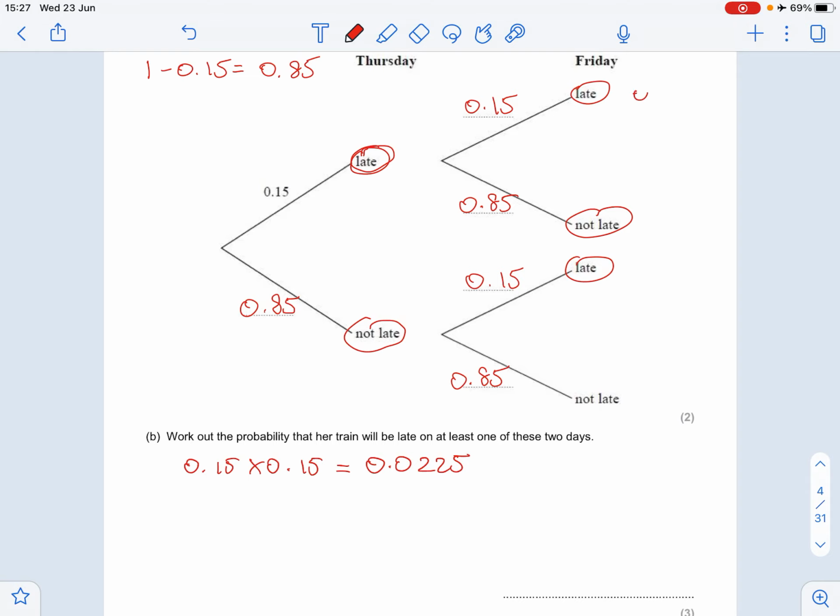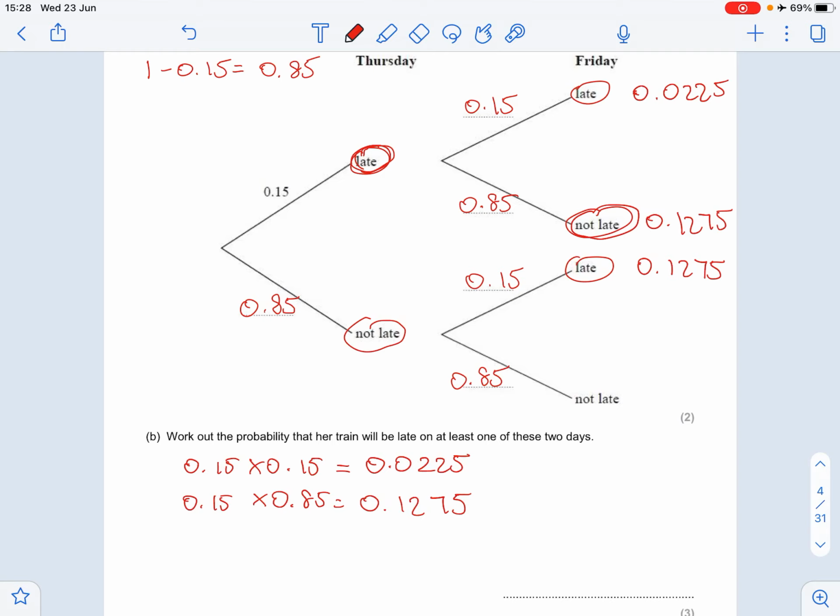So 0.15 multiplied by 0.15. Late on both days is 0.0225. Late on Thursday but not on Friday, the probability is 0.15 multiplied by 0.85, which is 0.1275. And not late, then late, is 0.1275.